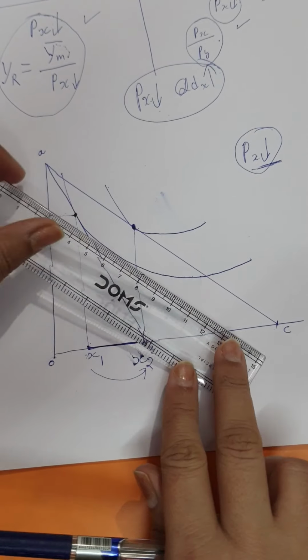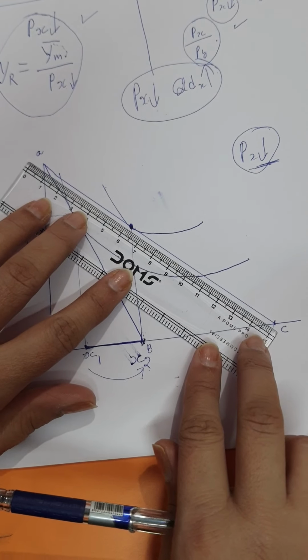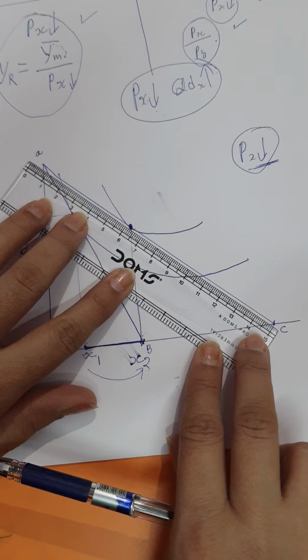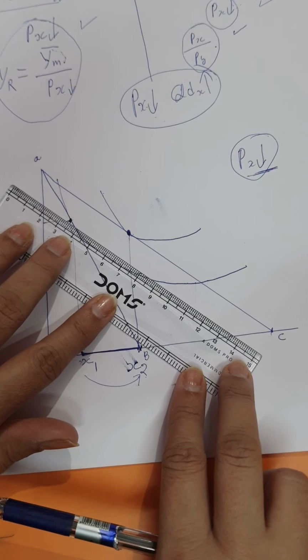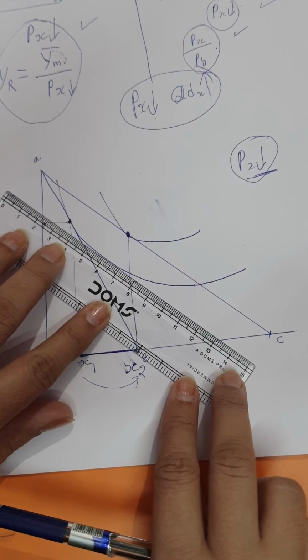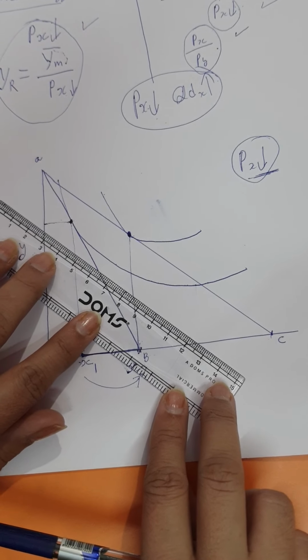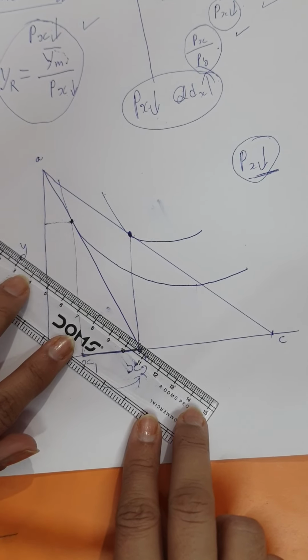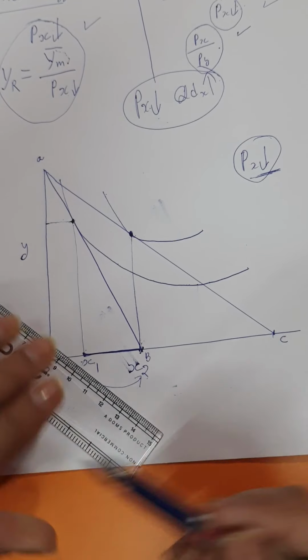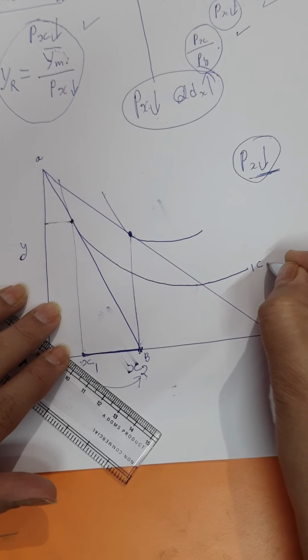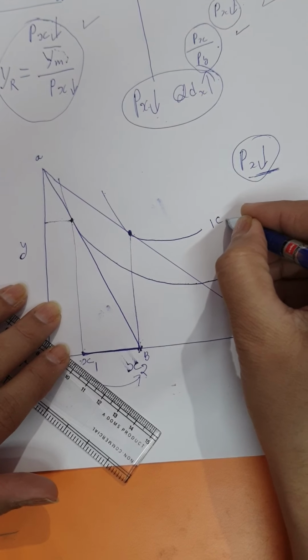So as you know, when we are reducing income of consumer, this budget line will shift downwards. But how much? How much income we should snatch? Where we will stop? How much we will shift this budget line? Okay, we will do one thing. This is indifference curve 1, this is indifference curve 2.